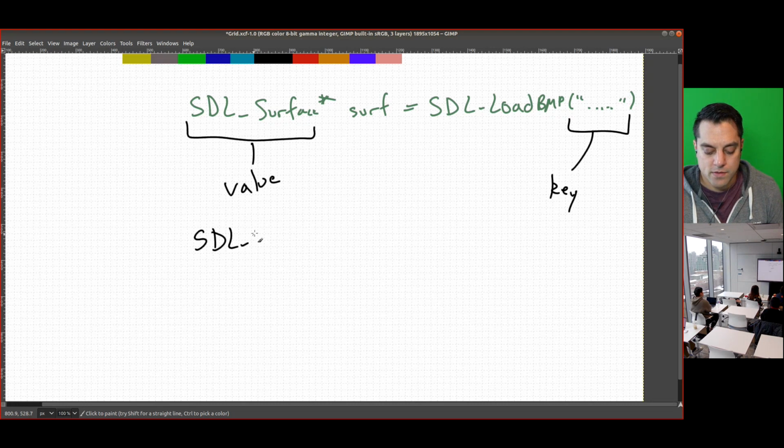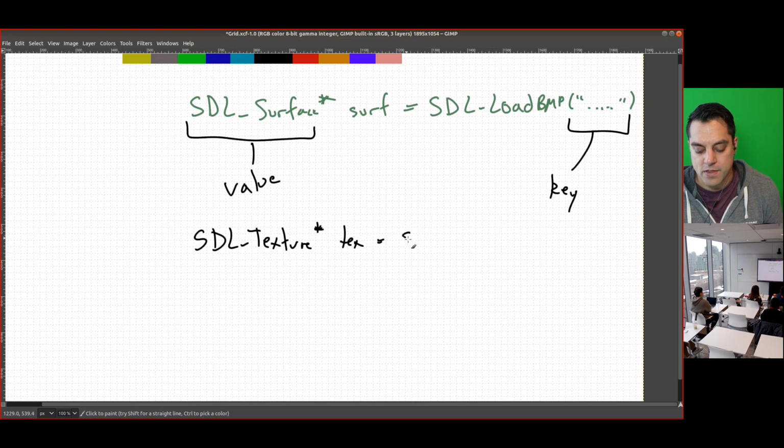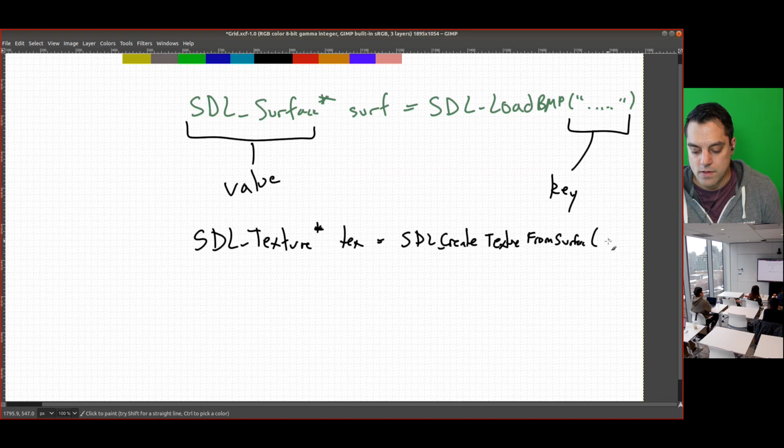For SDL texture, right, we have some texture, and then I forget exactly what the function is, but something like SDL create texture from surface, I think it is. And then you pass in the surface. So in this case, what's our key and what's our value going to be?